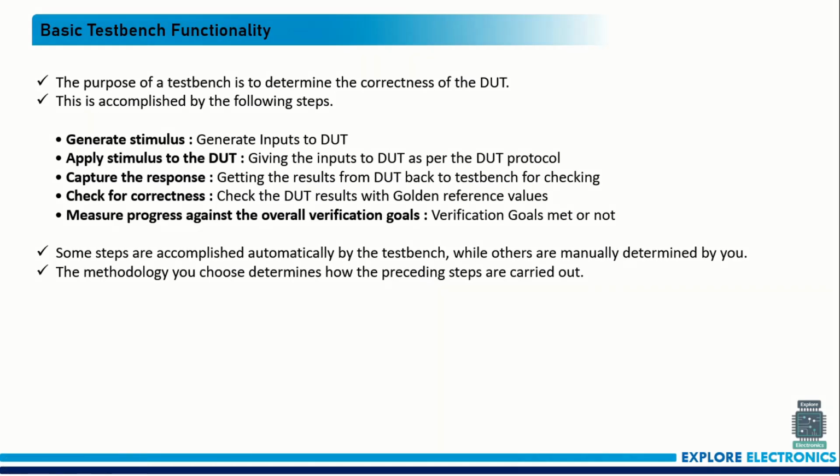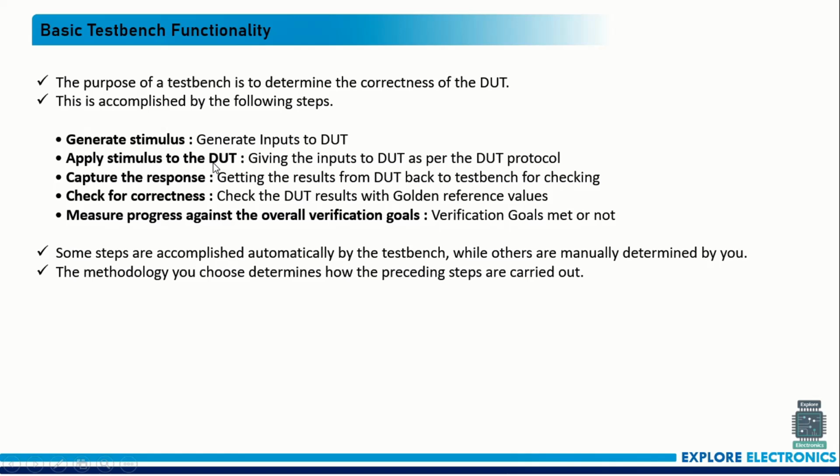Then comes basic test bench functionality. What is the basic functionality of a test bench we are going to write to verify the DUT? So we can say what is the purpose of the test bench. The main purpose, as we said, is to check the correctness of the DUT, where we will be following these steps. First, we need to generate the stimulus that will go to DUT and apply that stimulus to the DUT.